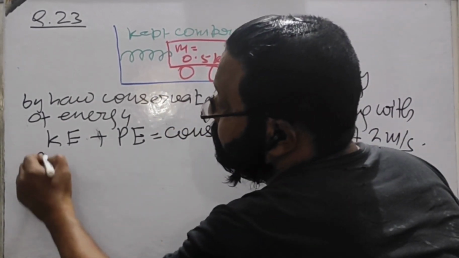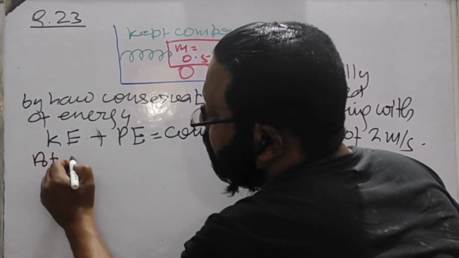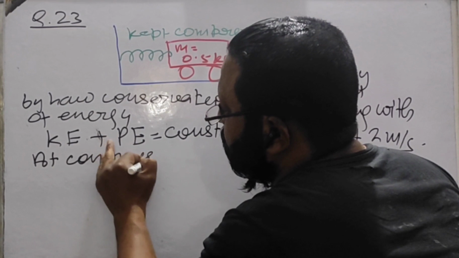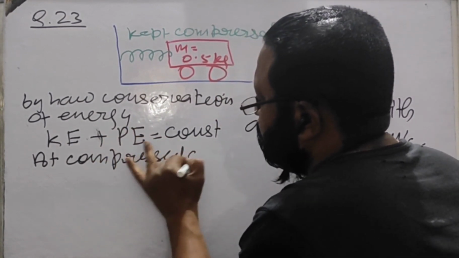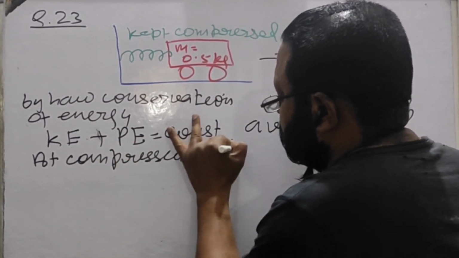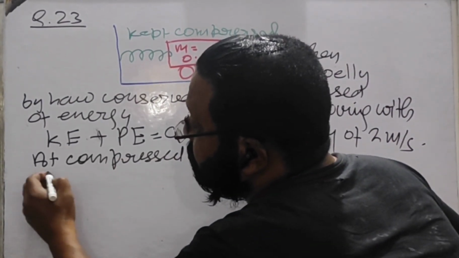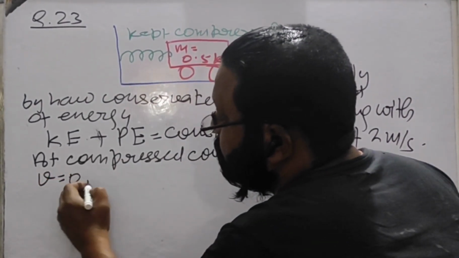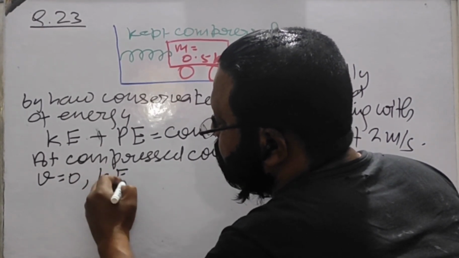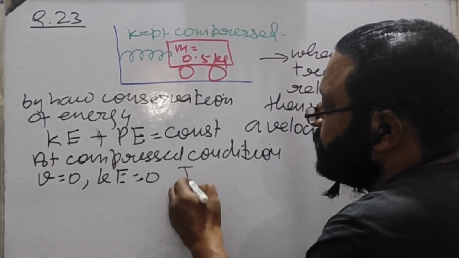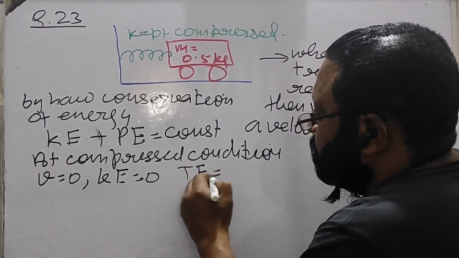At rest, in the compressed condition, V is zero, therefore kinetic energy is zero. So total energy is equal to potential energy.